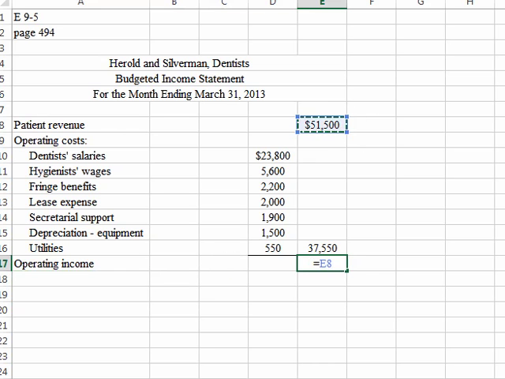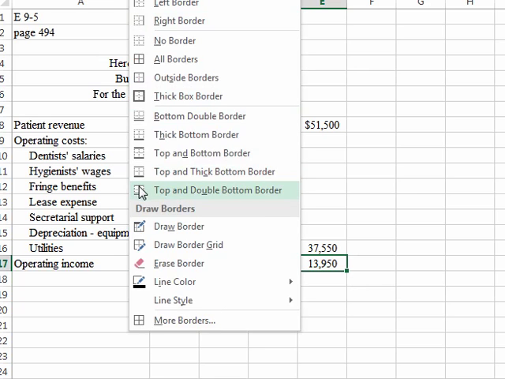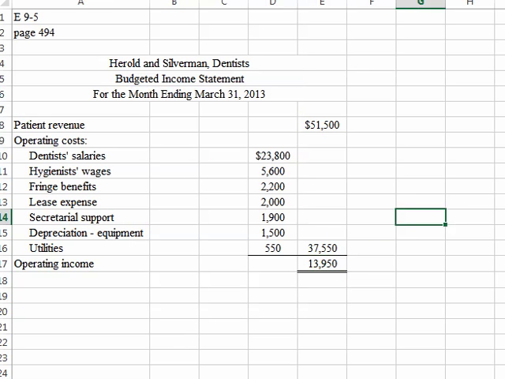So it's $51,500 minus the $37,550 gets us $13,950 operating income, or budgeted operating income for the month of March. And we'd be preparing this obviously prior to the month of March.